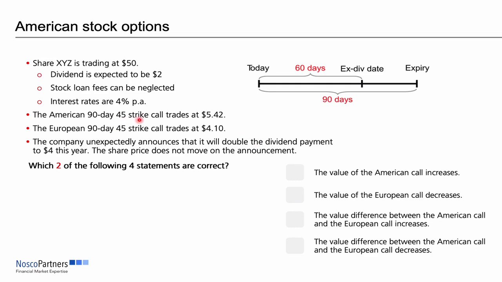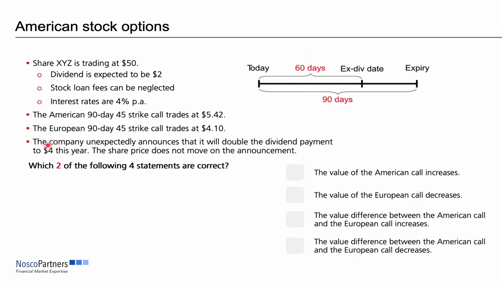We have a 45 strike call option, and this is an American call option. The option trades for 5.42. We also see that the European equivalent trades for $4.10. Timing-wise, we have 90 days to expiry, and we have 60 days to ex-dividend date.